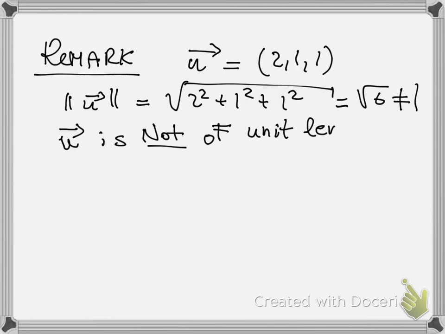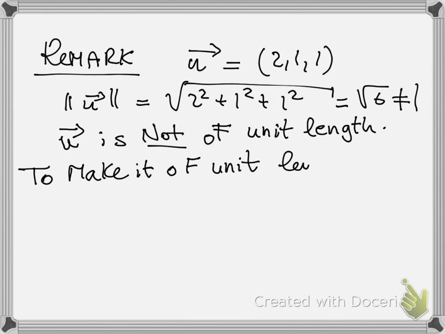However, if you want to make it of unit length, all you have to do is divide the vector by its length. So you do u over the length of u. Again, guys, be careful here. u is a vector. When you divide by the length of u, it's a number. So this is actually a scalar multiplication.